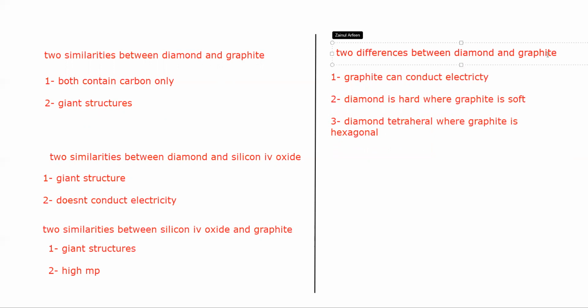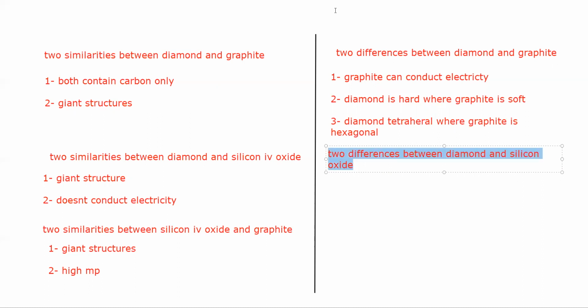Then what are the differences between diamond and silicon 4 oxide? How are diamond and silicon 4 oxide different from each other?